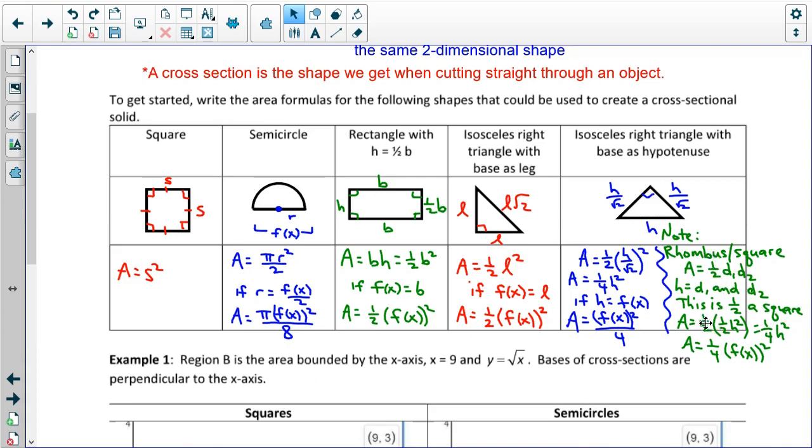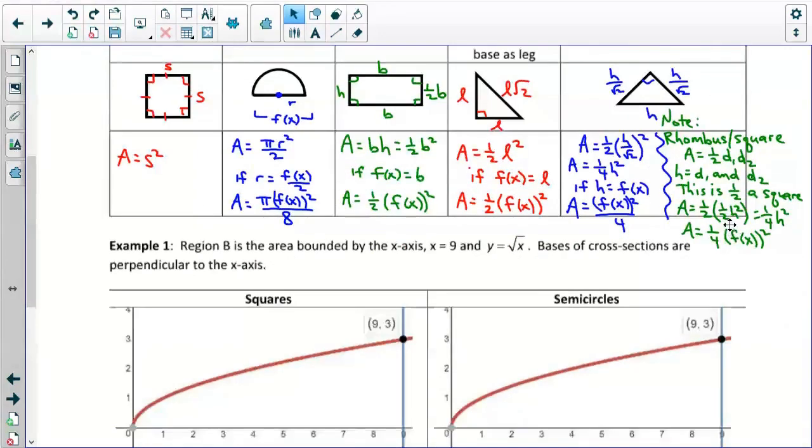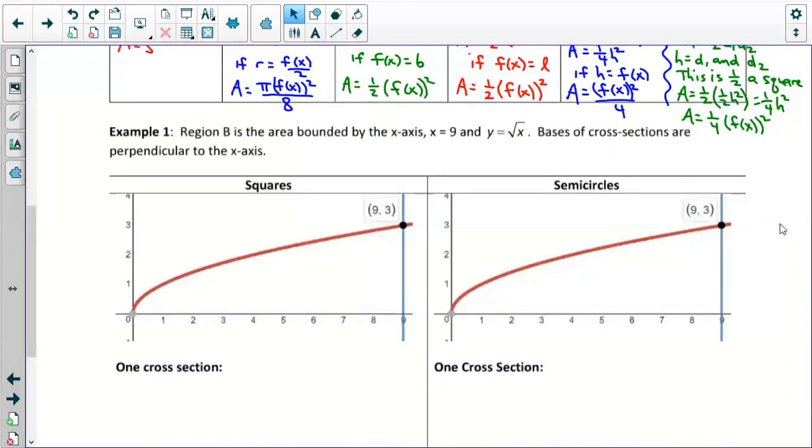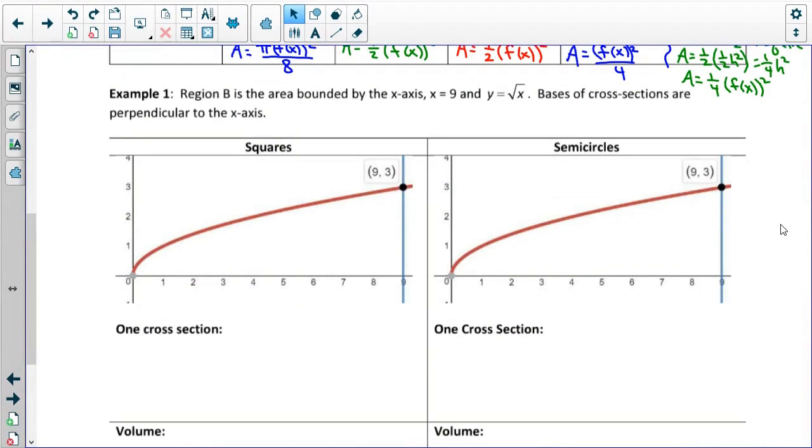So then we would end up with 1/2 of 1/2 d1 d2. So 1/2 times 1/2 h squared, which is 1/4 h squared, which is the same thing that we had up here. So you can either calculate it by finding the two legs of the right triangle, or you can calculate it by using the formula for a square and then just having it with 1/2 d1 d2.